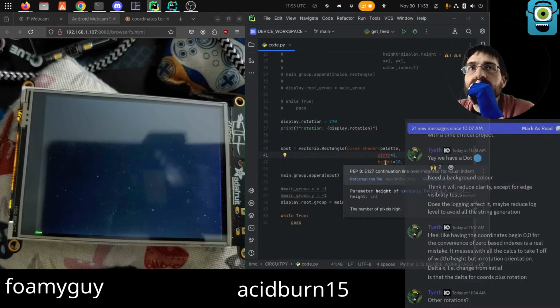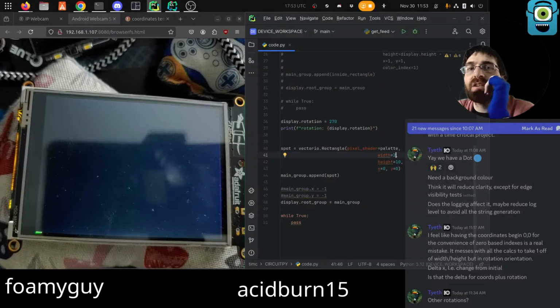Okay. Height is becoming width. But we are too low. The 270 is still broken the same way.